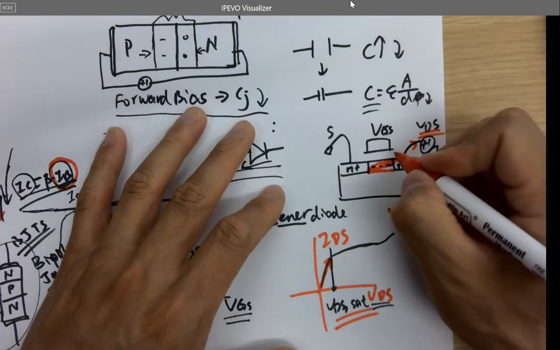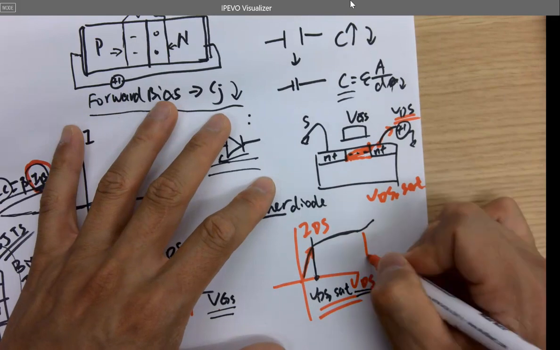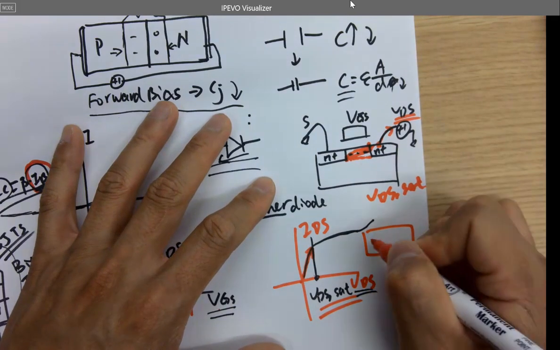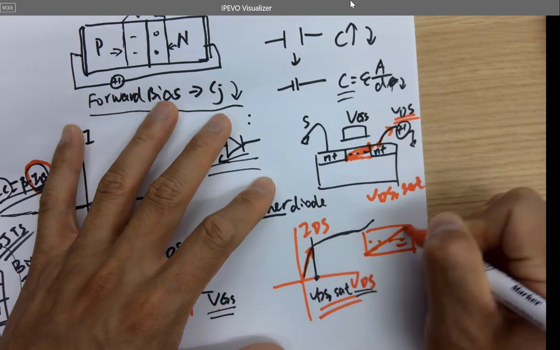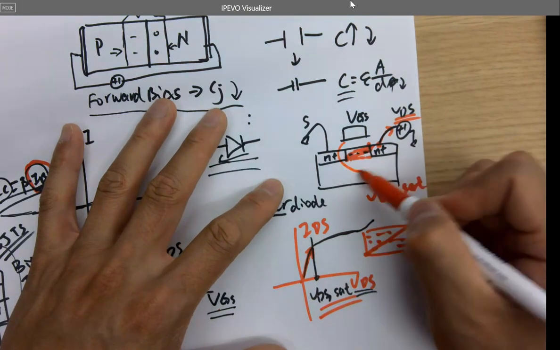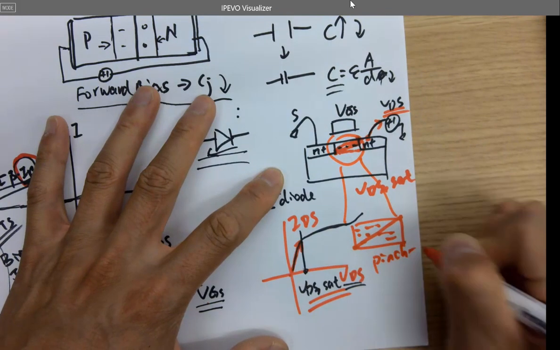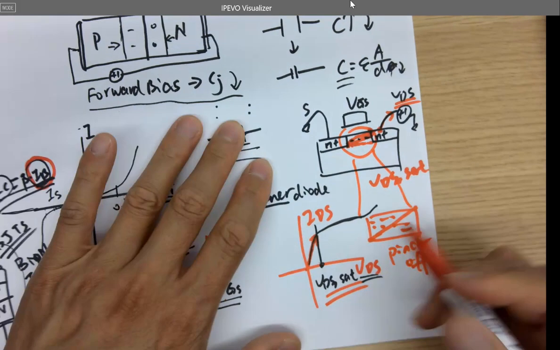This state is called pinch off. So for example, here's the channel, and I've got electrons. When the channel looks like this, it's called pinch off, and it saturates the current.